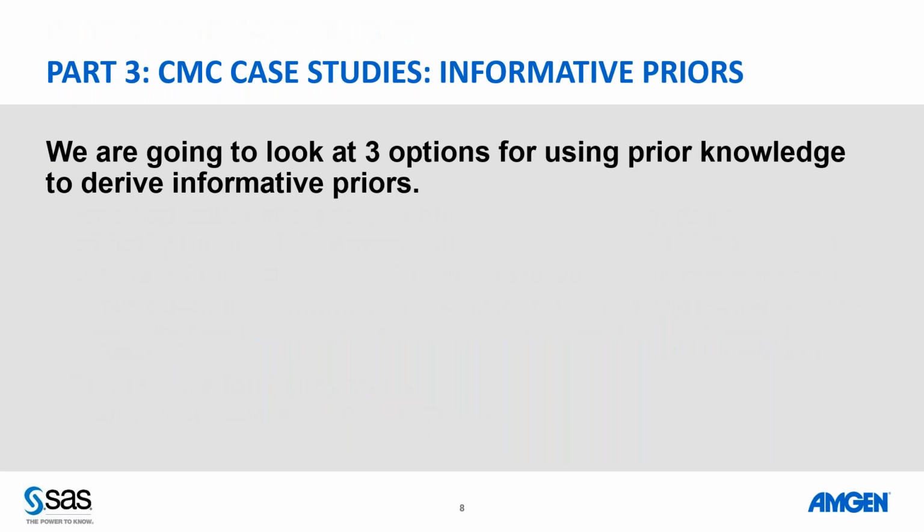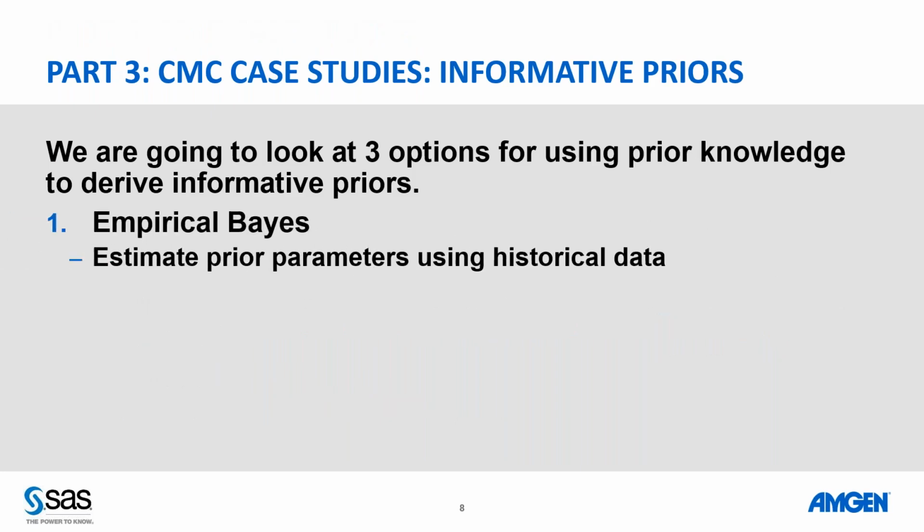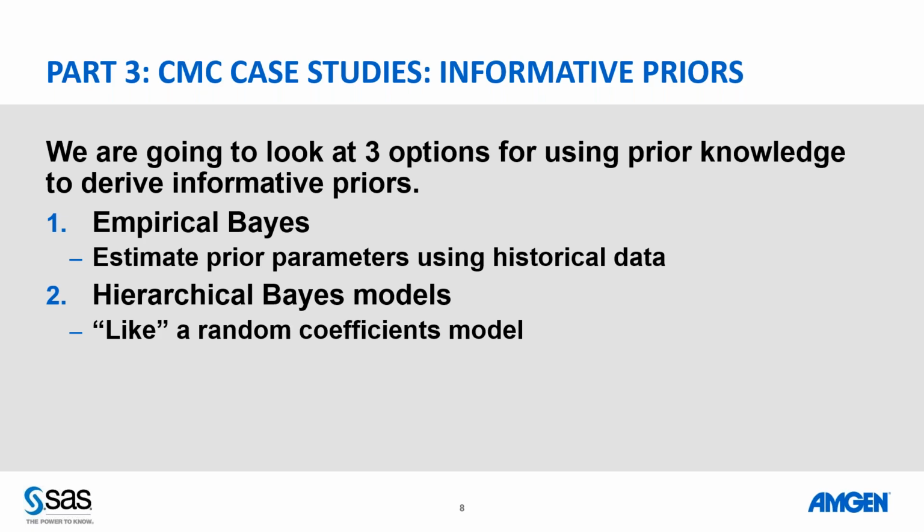So we're going to look at 3 ways of using prior knowledge. One way is empirical Bayes. Some of you may be familiar with that. The idea there is we're going to use the historical data to estimate the prior information. Another idea that is very popular in the Bayesian approach is hierarchical models.